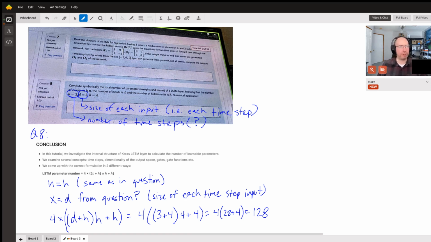Here's a Stack Exchange on the same thing. Of course, everyone uses different letters and notation for this stuff, but they call them N for, yeah, N I guess for the number of. They don't really describe it very well.